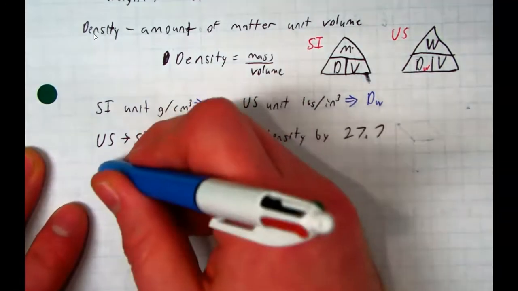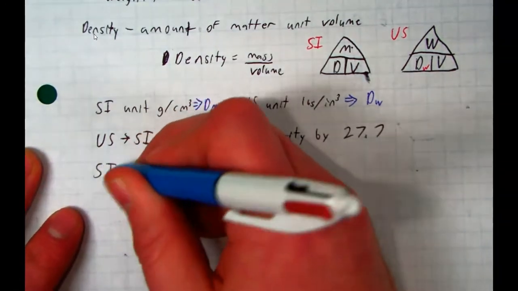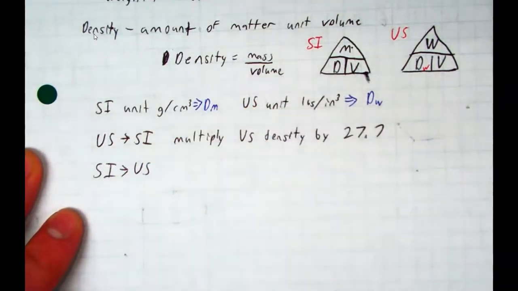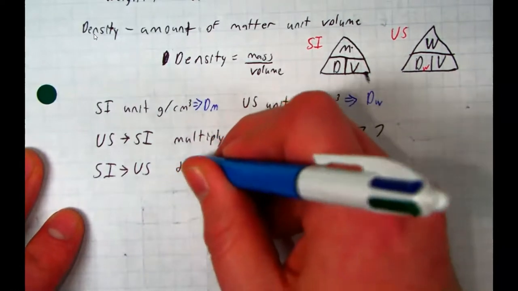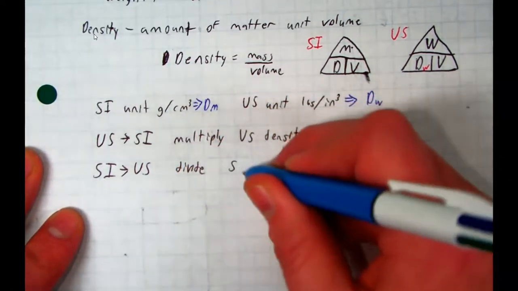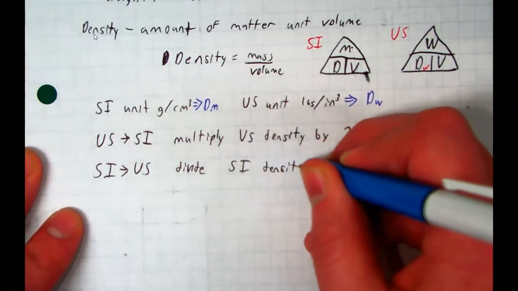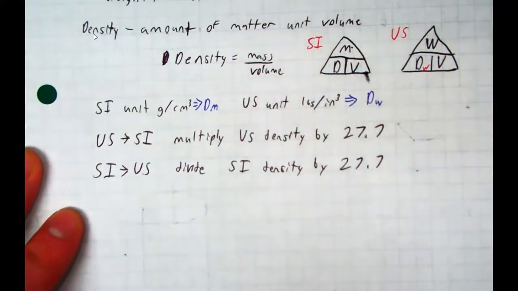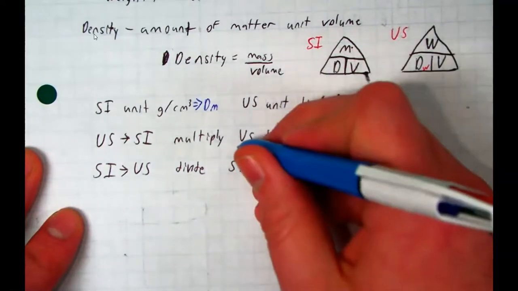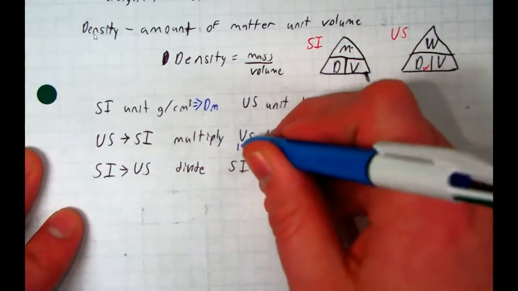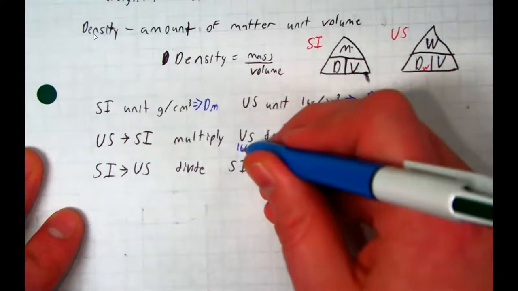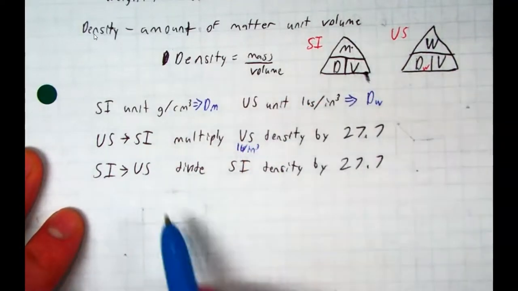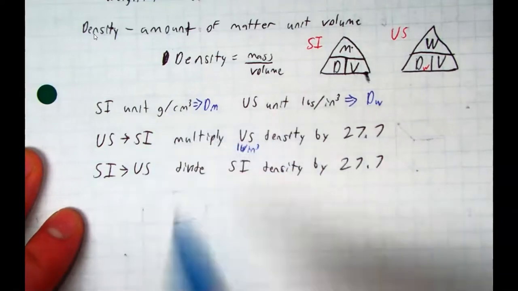And then to convert your metric system back to the U.S. system, what do you think you do? Divide your SI density by 27.7. To be clear, what I mean is I multiply whatever my pounds per inches cubed is by 27.7, and I get grams per centimeters cubed.